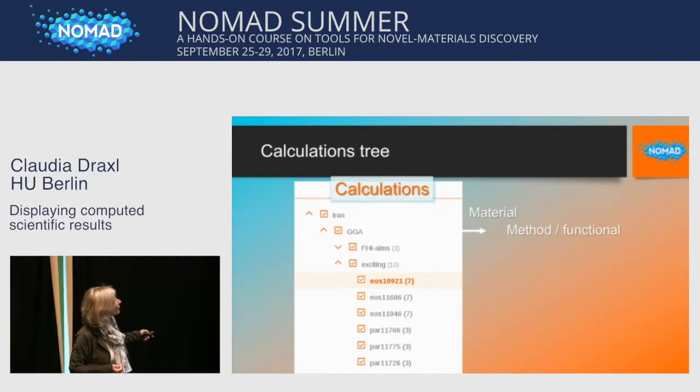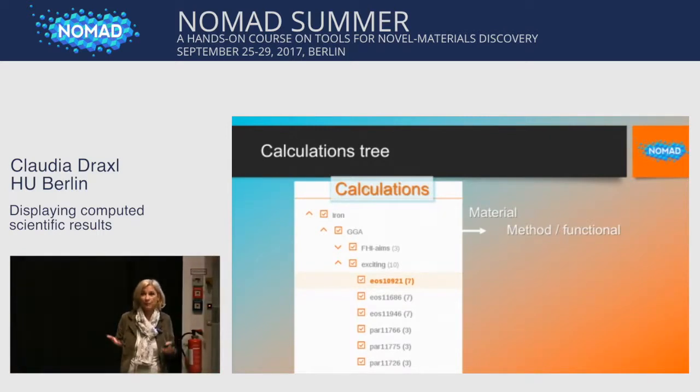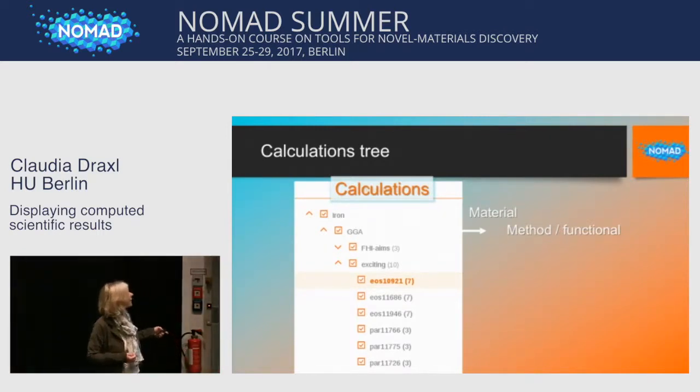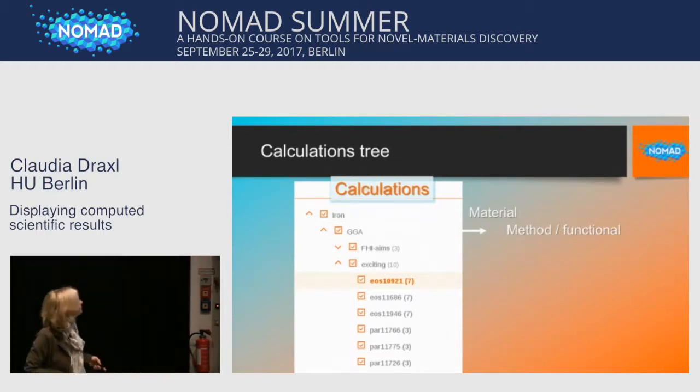There are also groupings according to the computational parameters. So maybe you want to see what the effect of the basis set sizes or the k-mesh sizes is. So if, for instance, the volume is the same, or the structural parameters are the same, but the computational parameters vary, then you would get a group where all the different computational parameters are linked together.